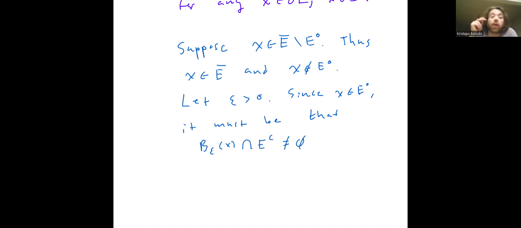Because otherwise, if that was empty, the epsilon ball would be completely contained in E, but then that would mean that we found an epsilon such that the epsilon ball is totally contained in E, but that would mean that X is in the interior, right? And we just said it's not.